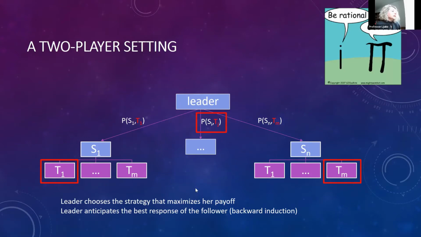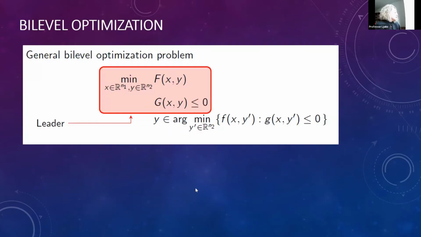Okay, so in terms of mathematical optimization, this is how we can model Stackelberg games. We have two types of decision-making variables. They are X, which are controlled by the leader, and Y, which are the variables that come as the optimal solutions of a nested optimization problem, what we call a lower level problem, which is a parametric optimization problem that depends on the decision X of the leader.